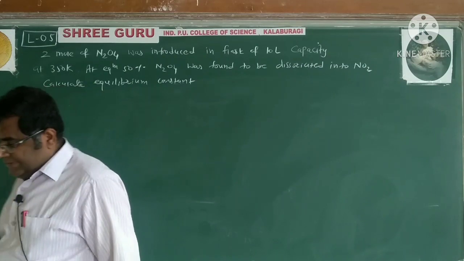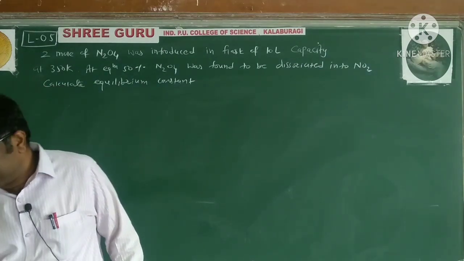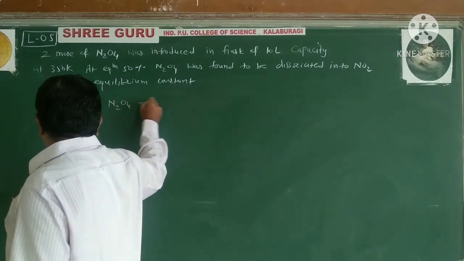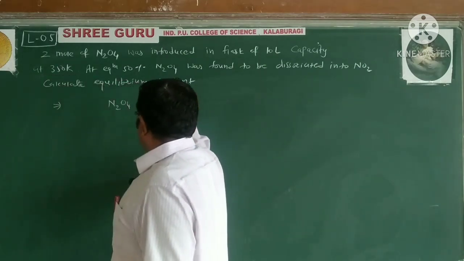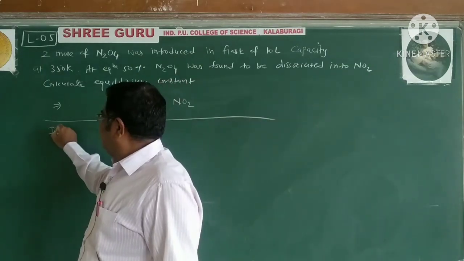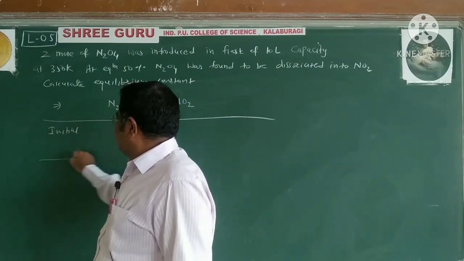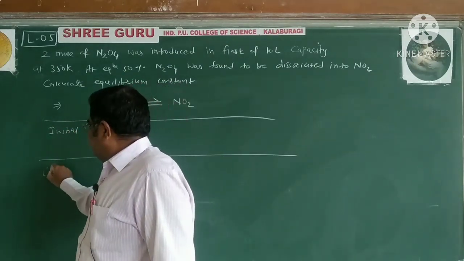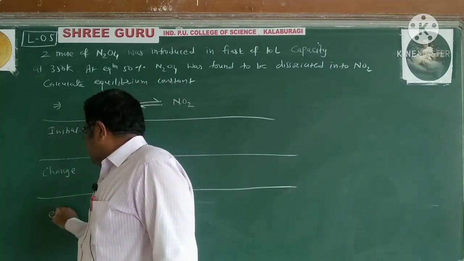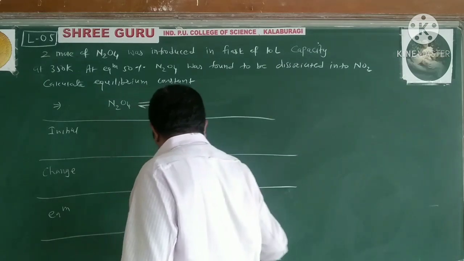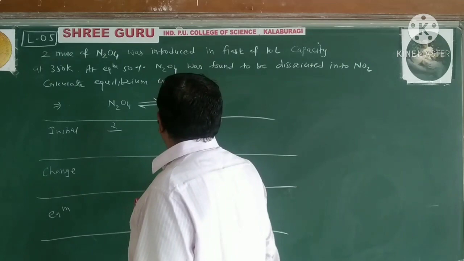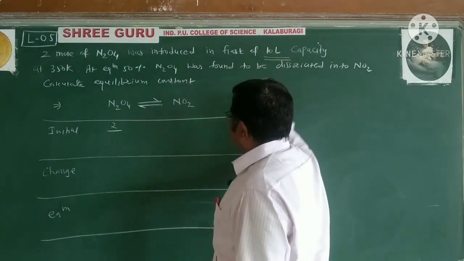Dinitrogen tetroxide is in equilibrium with nitrogen dioxide. So it is initial, change in concentration, and the equilibrium concentration. Initially 2 moles, but they are not present in 1 liter, it is a 10 liter flask.